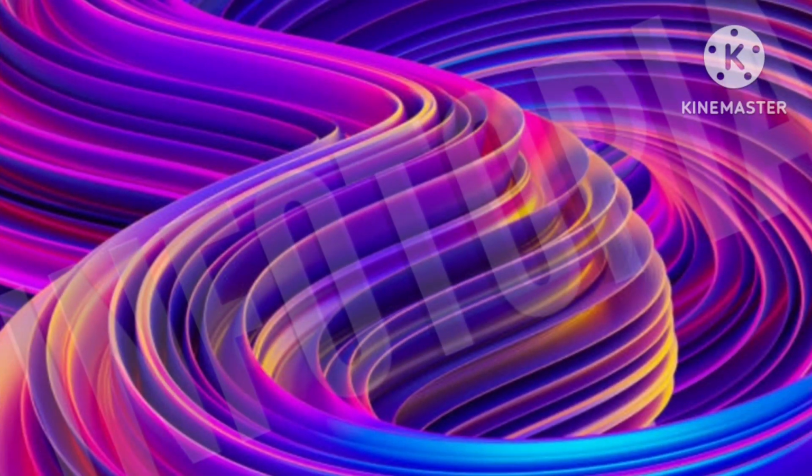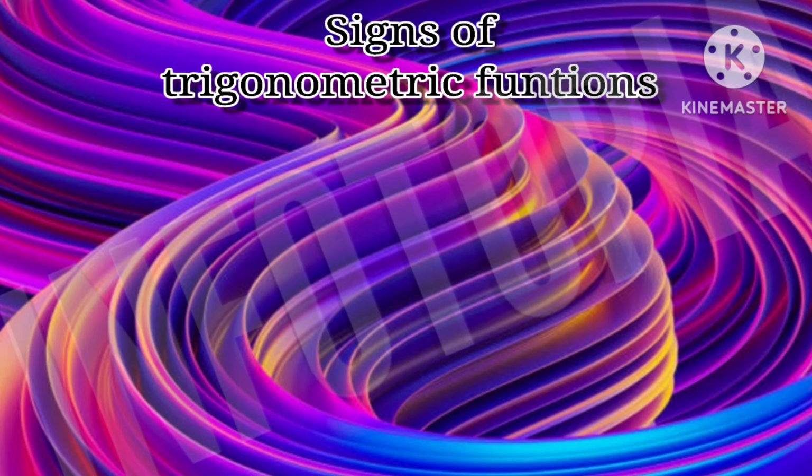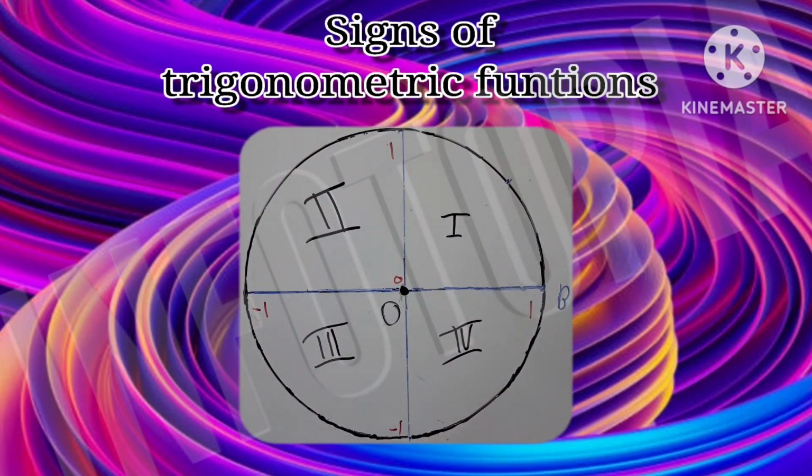This leads us to another point, which is the signs of these functions, because as the angle varies, the function's values will change too, and along with them is their signs. Therefore, it's easier for us to divide the circle into 4 quadrants, where in each, no matter where the point is placed, the sign of the trigonometric functions will stay constant.